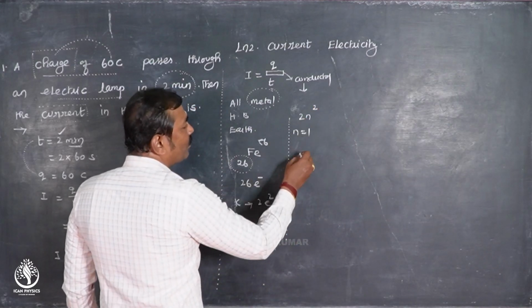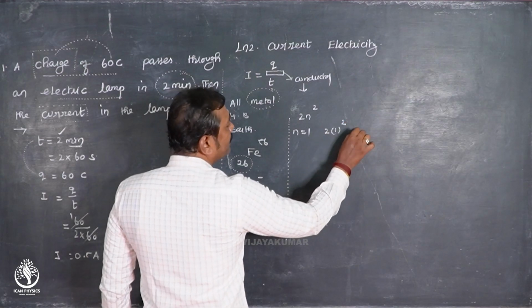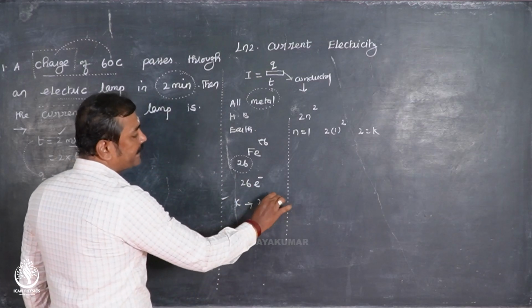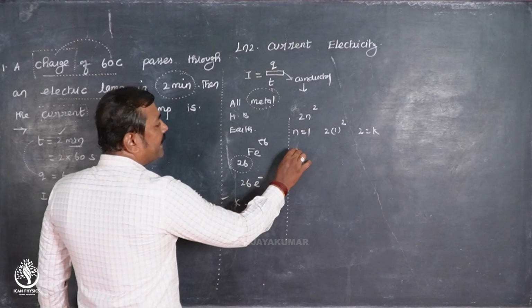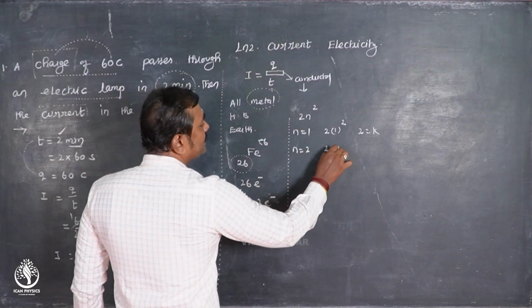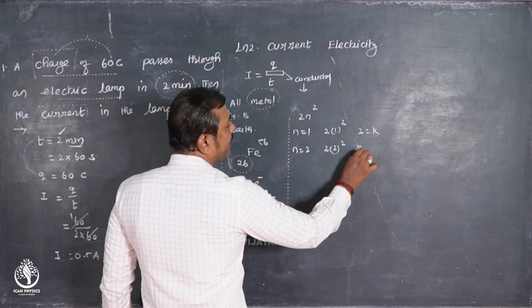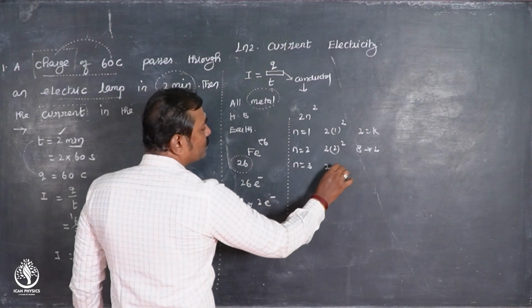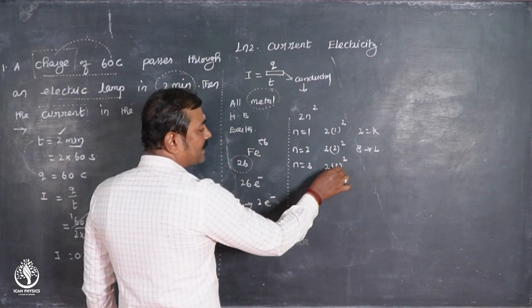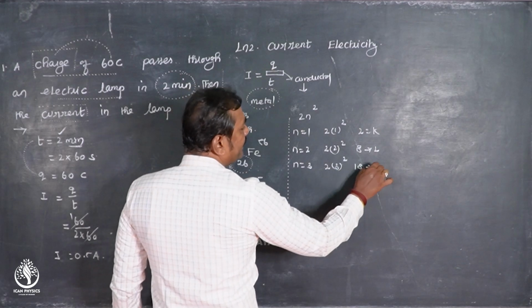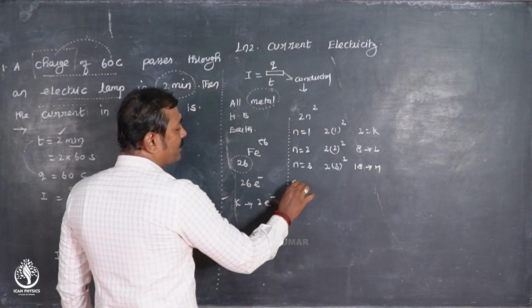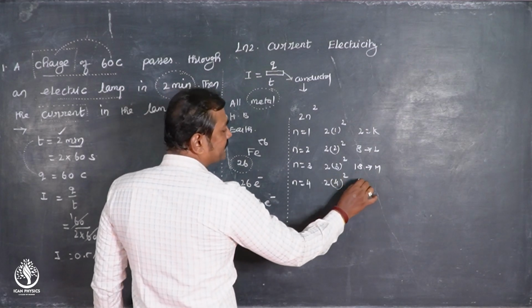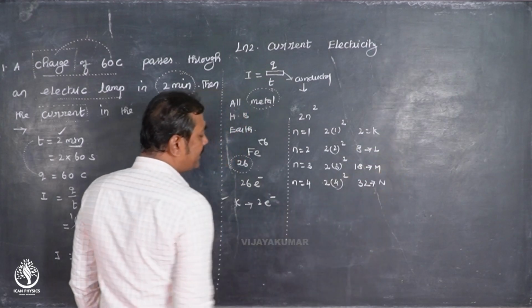Suppose n equal to 1, 2 into 1 squared, so 2 electrons in the K shell. N equal to 2, 2 into 2 squared, 2 2s are 4, 4 2s are 8, so 8 electrons in the L shell. Then n equal to 3, 2 into 3 squared, 3 3s are 9, 9 2s are 18, so 18 electrons in the M shell. Suppose n equal to 4, 2 into 4 squared, 4 4s are 16, 16 2s are 32 electrons in the N shell.